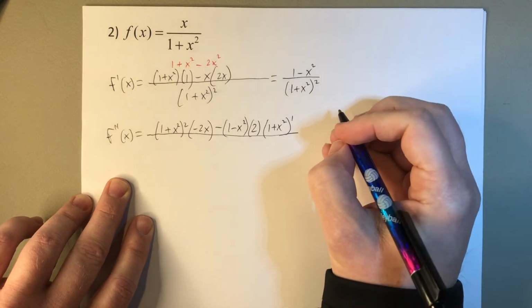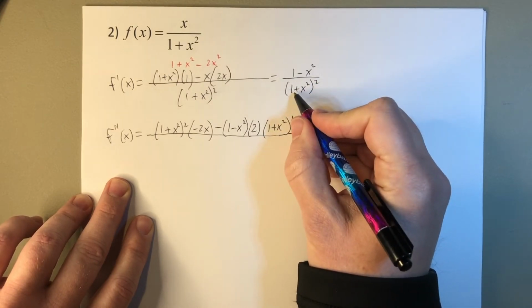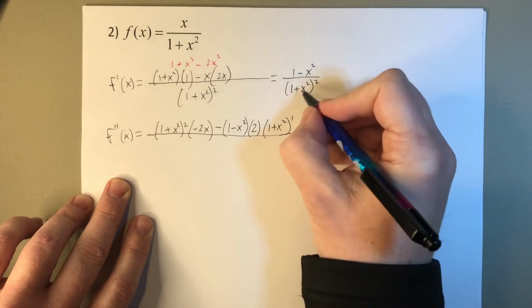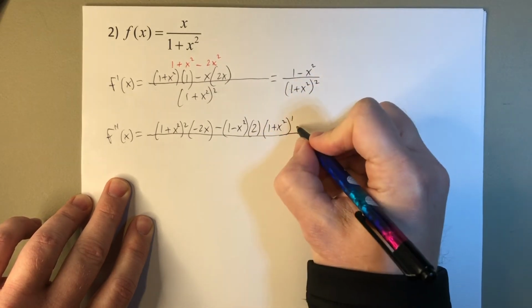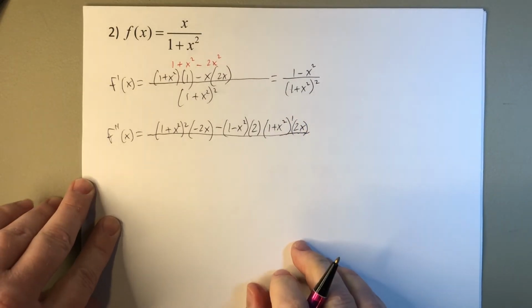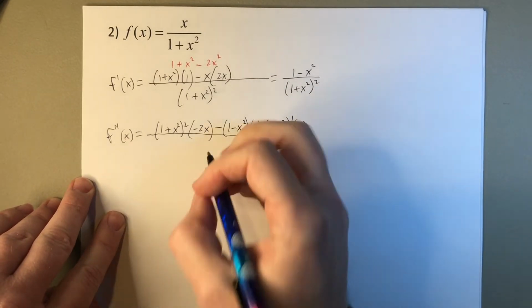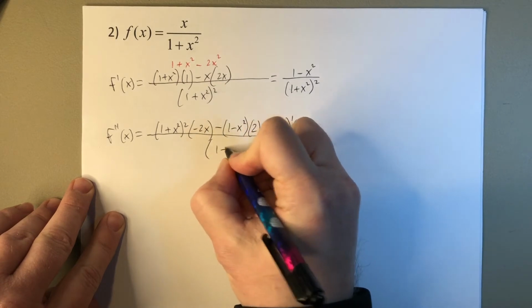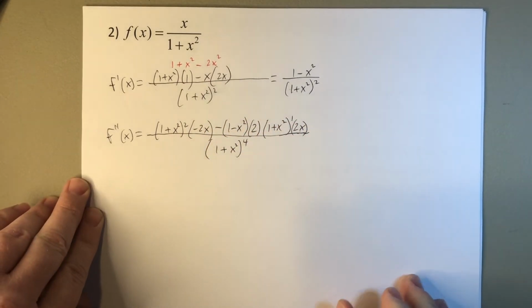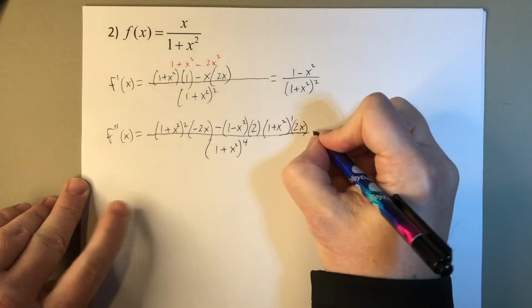That's just the derivative of the outside, leaving the inside the same. Again, we're using the chain rule. The second step in the chain rule is to differentiate the inside, which would be 2x. Now let's finish it. Low would be 1 plus x squared to the 4th. Okay, we've got to be able to simplify this.